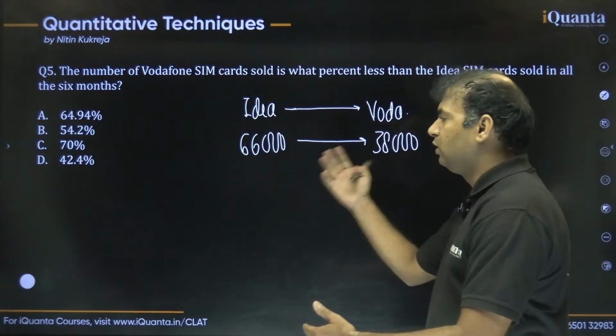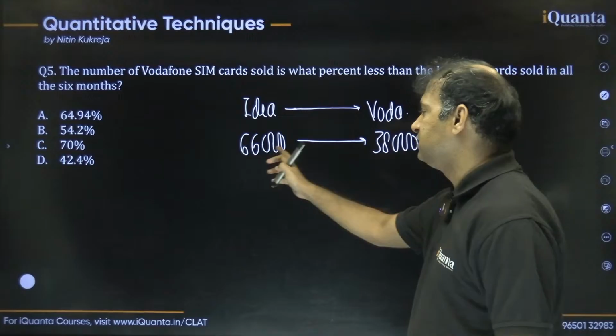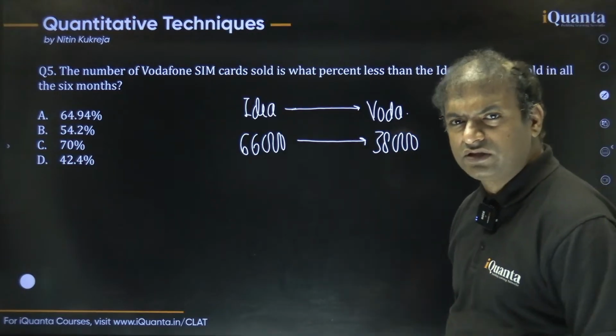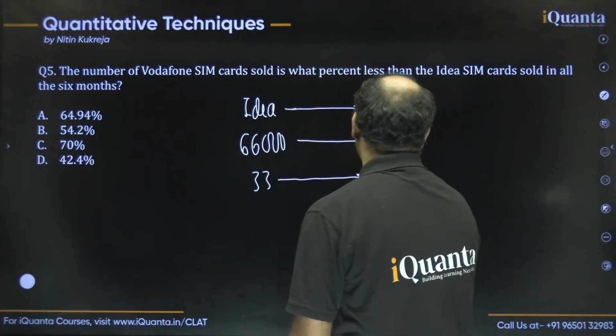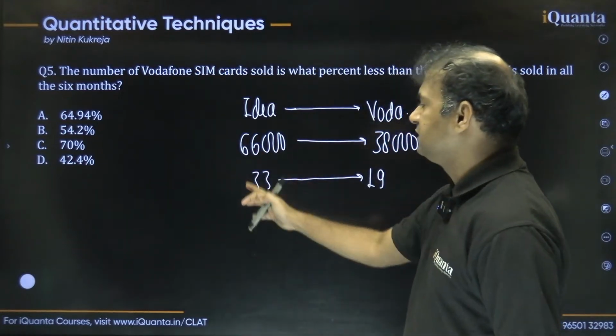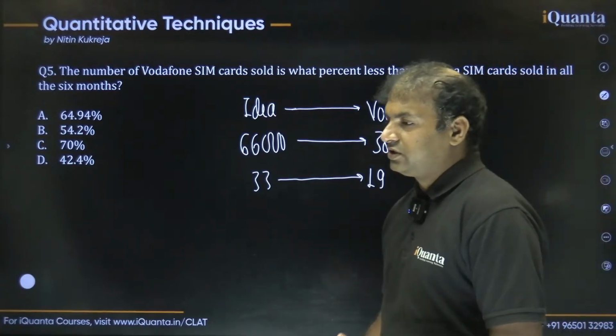All 3 zeros will be cancelled, then we have 66 and 38, and both are divisible by 2. So 33 and 19 are left. That is the last step of this question.